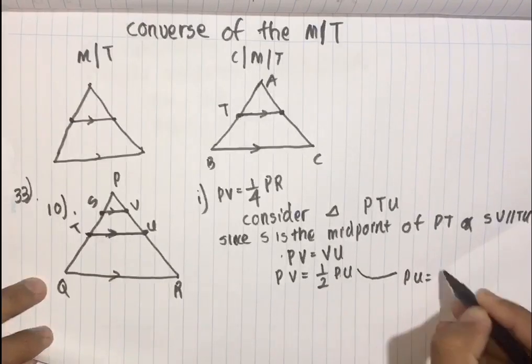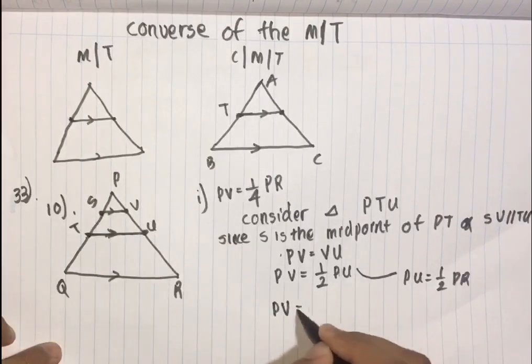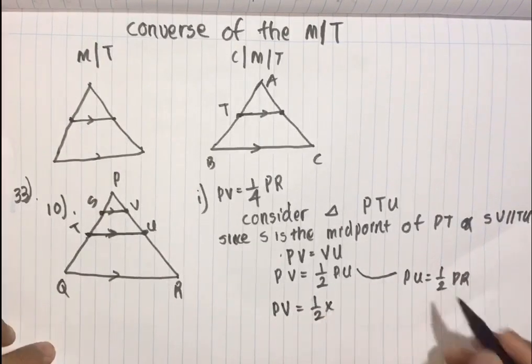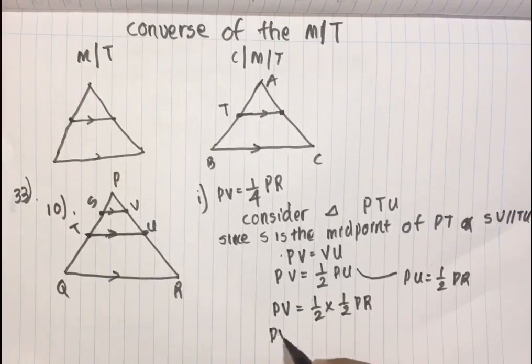Therefore PV is equal to half into, instead of PU, half PR. That is going to give you 1/4 PR. Is that clear? It's about bringing two relationships and then substituting.